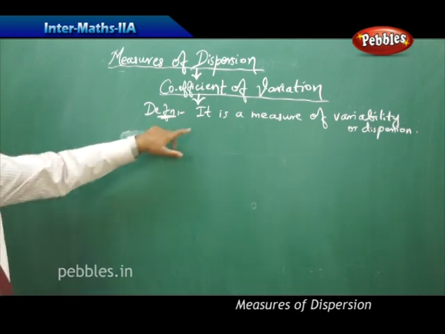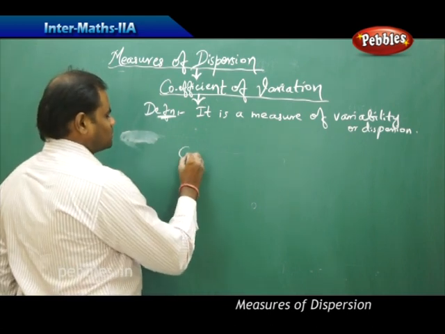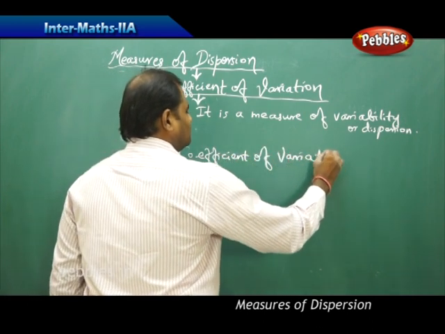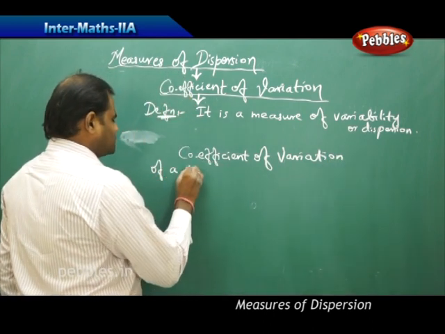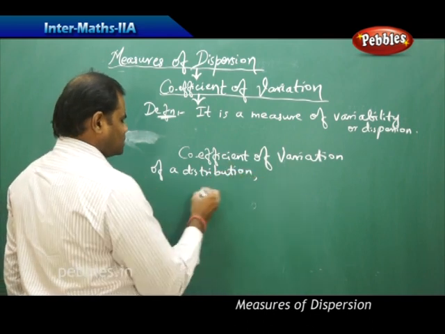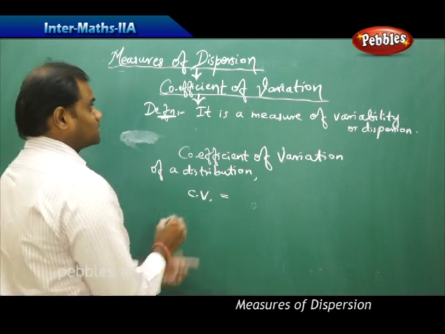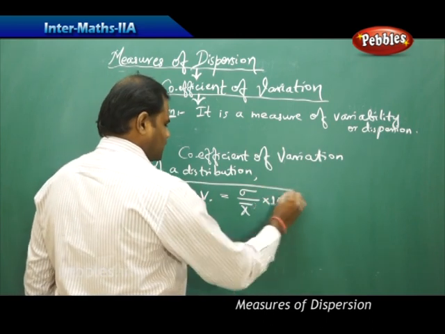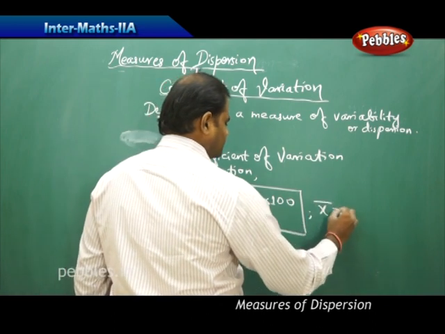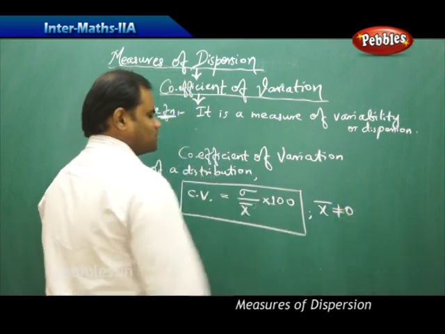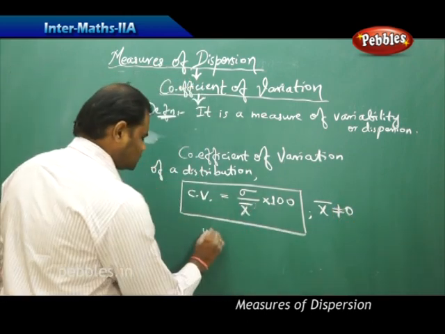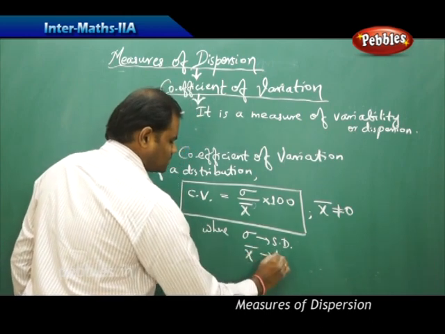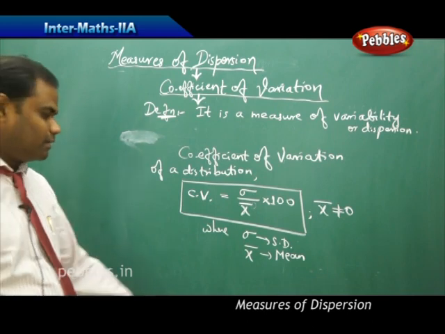Before I take the note, I take the measure of variability defined by the coefficient of variation of a distribution, denoted by CV, which is given by the formula sigma by x bar times 100, where x bar is not equal to 0, sigma is the standard deviation, and x bar is the mean or arithmetic mean of the given distribution.